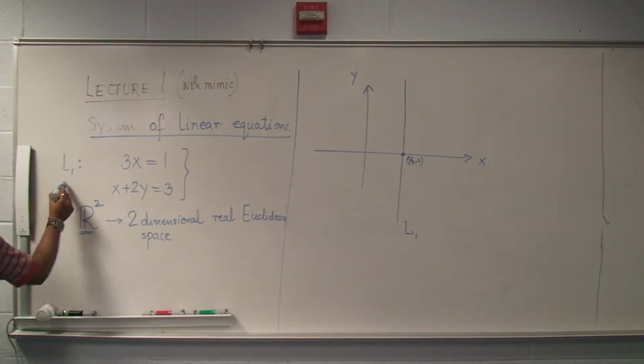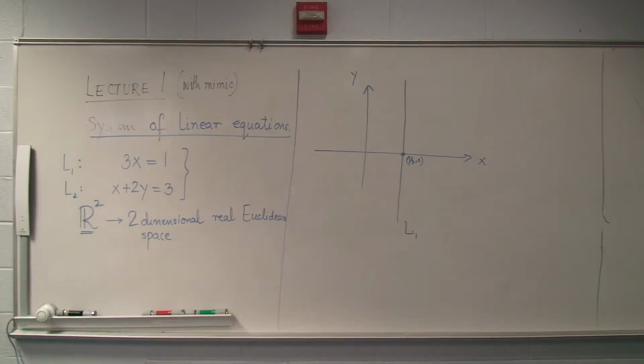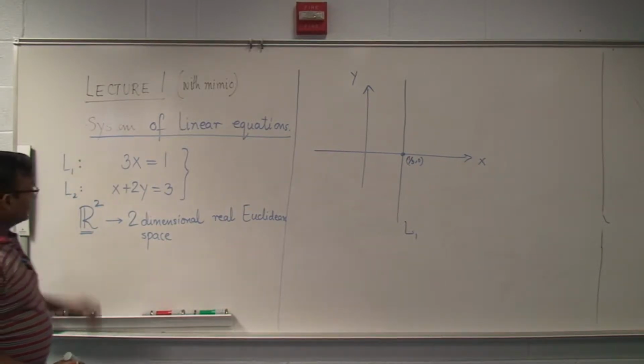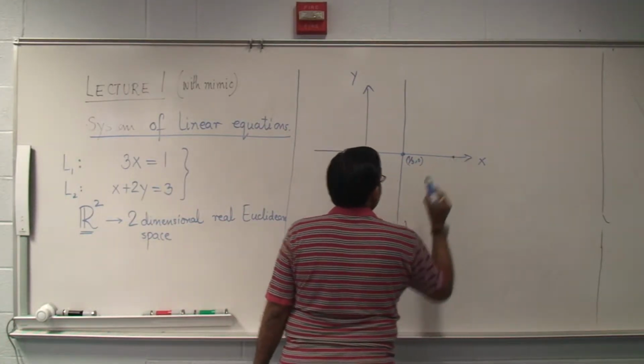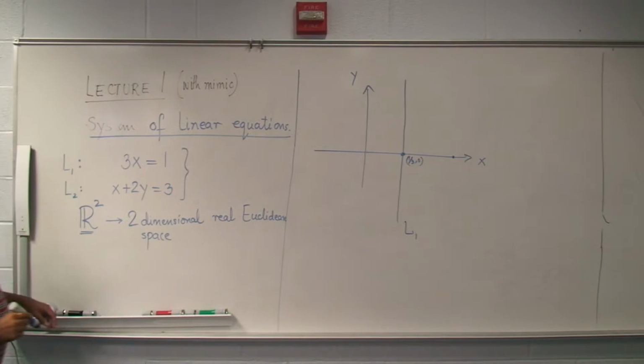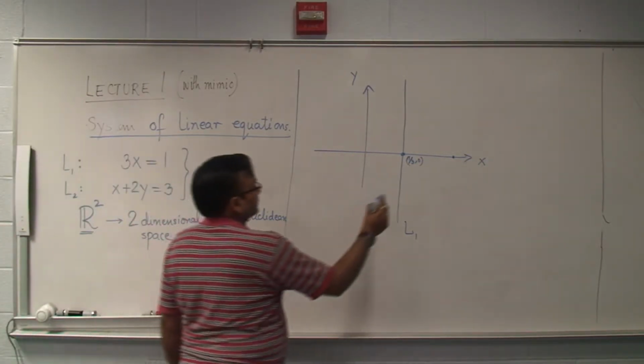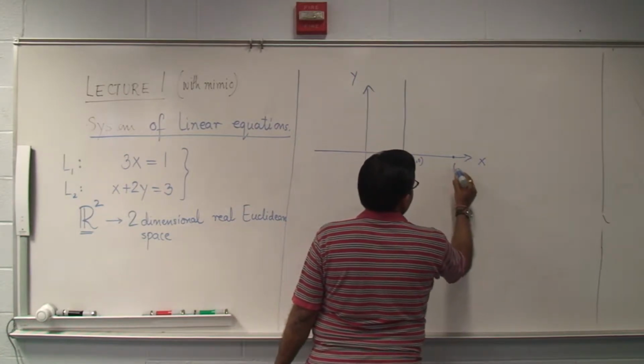Now the second equation, being a linear equation, again represents a line. Let me call this the line L2. And this is another straight line. We can try to plot this line. So for example, when I plug in y = 0, x is 3. So it cuts the x-axis at the point (3, 0).